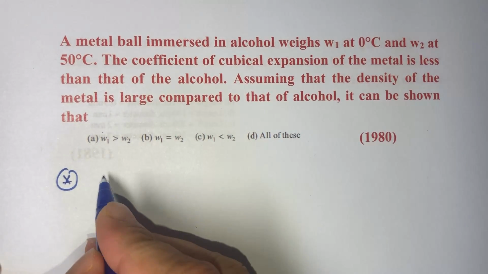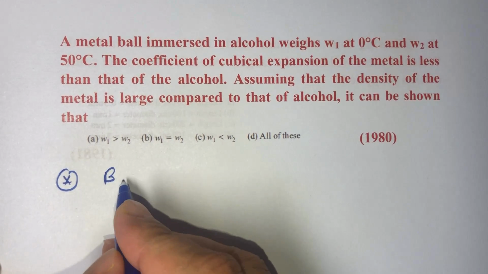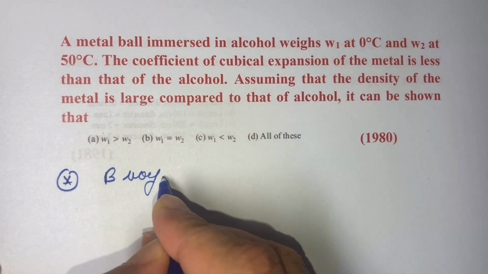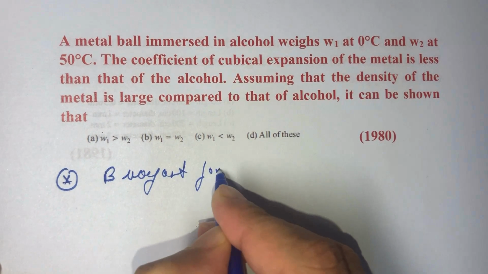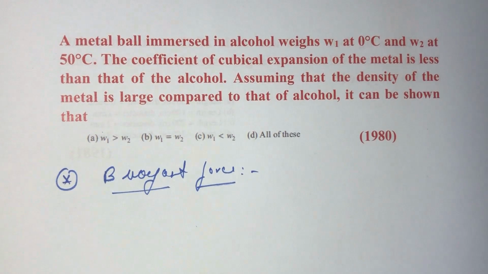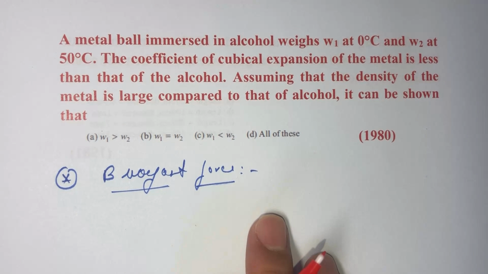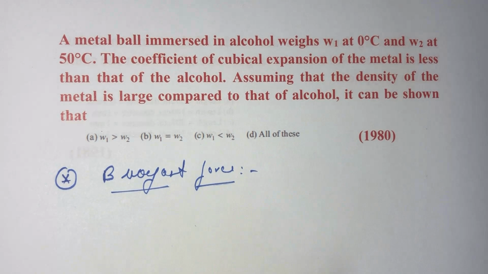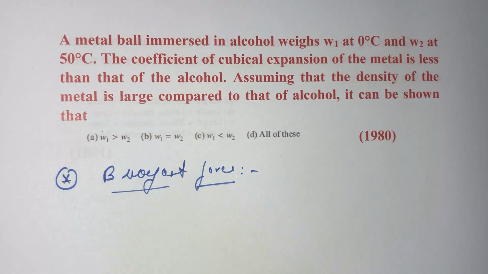The buoyant force can affect the weight of the metal ball as soon as it is immersed in the alcohol, because the buoyant force is going to push the metal ball in the upward direction, and the buoyant force depends upon the volume of the displaced alcohol.